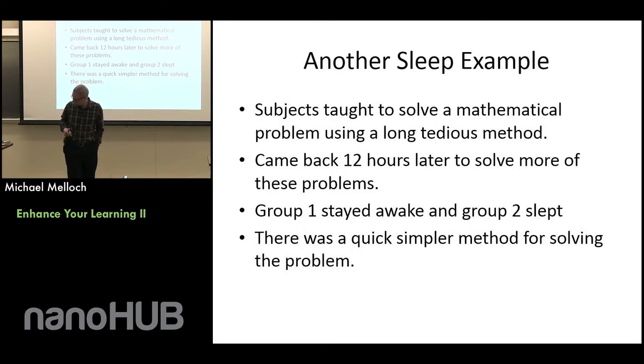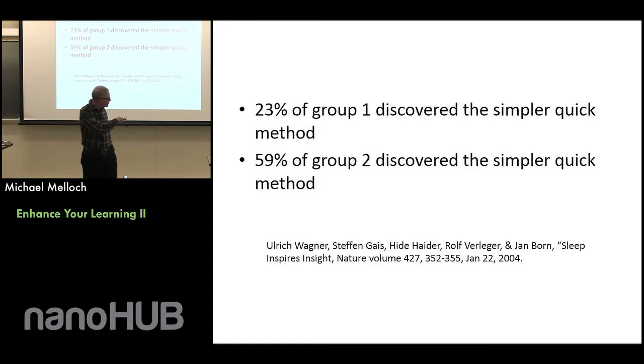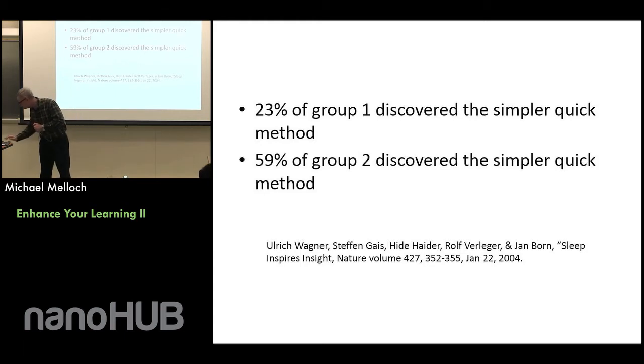And then they came back to work some more problems. The group that did not sleep, only 23% of them figured out that simple solution. Of the group that slept, almost 60% figured out that simple solution. So at night, their brain looked at this problem and figured out the simpler way to do it.